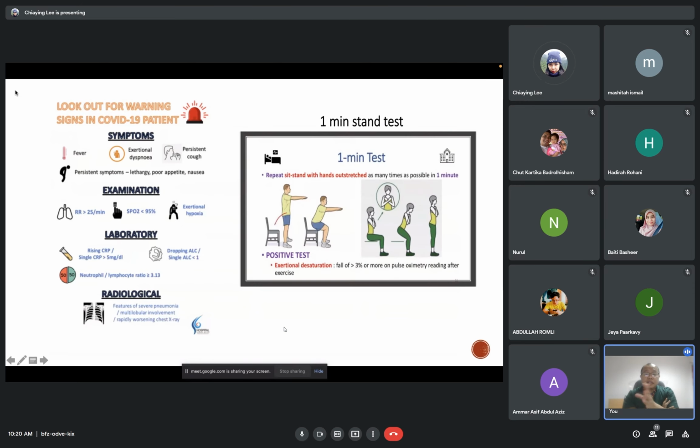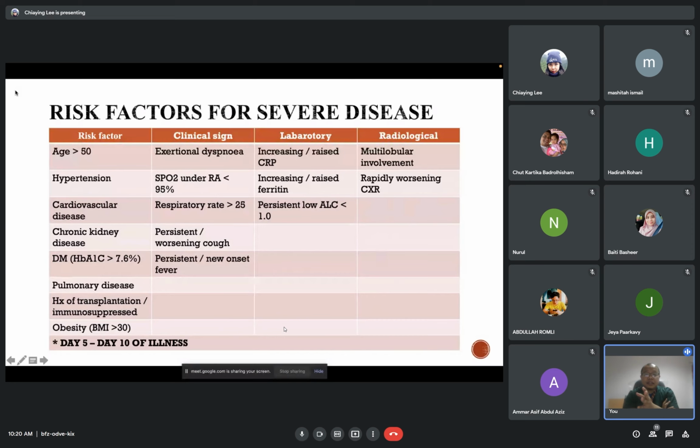Okay. This slide, just go back to the previous slide. This slide is important because it helps you to predict which patient may deteriorate, which patient you need to keep longer. Because our guidelines change, kan. Because I think of course you guys tak biasa jaga PKRC. In PKRC, category 1 and 2 patients admitted to PKRC are usually discharged after day 10, because if the patient's condition remains well over a period of 10 days, it's assumed that the patient is going to be well lah.